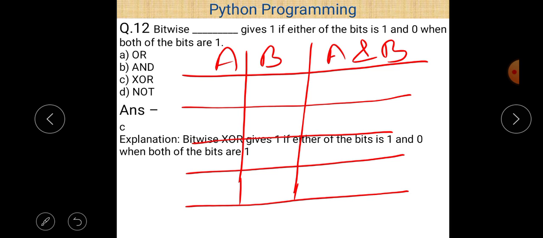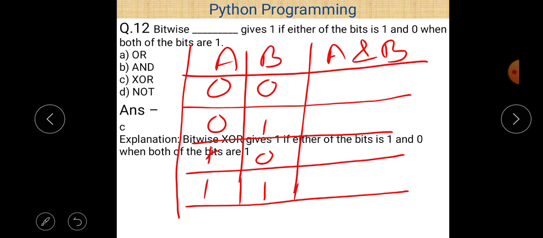We can write it as first 2 times 0, then 2 times 1, then 0 1 0 1 at alternate places. So these are the four possible combinations: 0 0, 0 1, 1 0, 1 1.